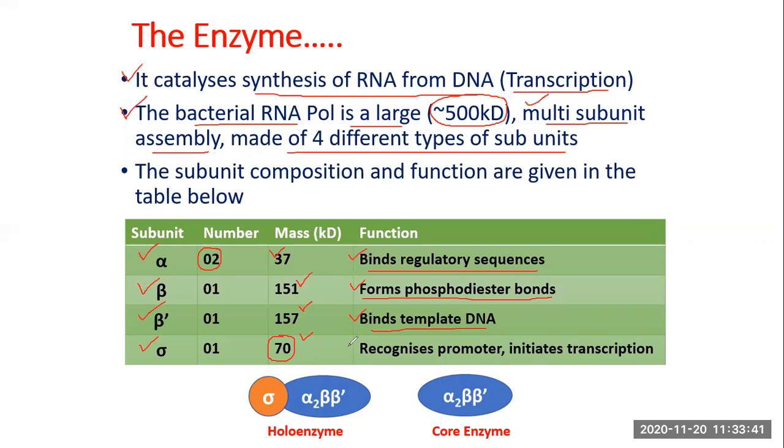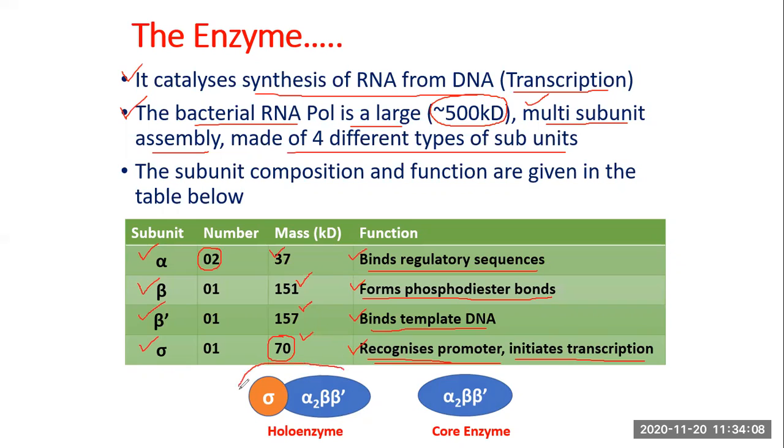The job of the sigma subunit, irrespective of its molecular mass, is to help RNA polymerase recognize the promoter, the transcription initiation sites, and initiate transcription. We call them promoters.